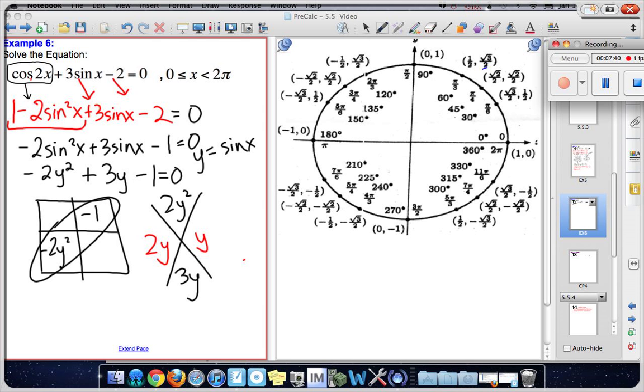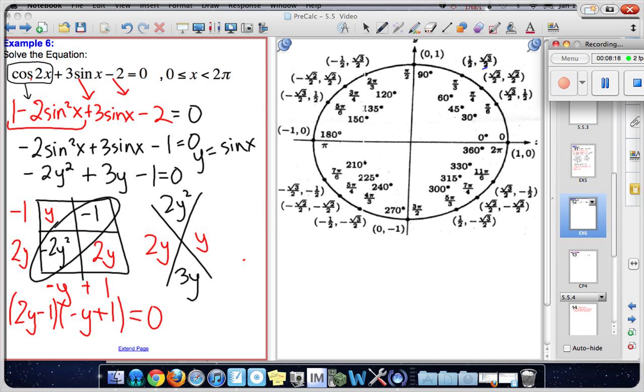That multiplies to 2y squared and adds to 3y. So in my corners I have 2y and y. It looks like everything might have to be negative, because one of these has to be negative, and then this would have to be negative 1 and positive 1. There we go. So our equation is rewritten as 2y minus 1 and negative y plus 1 equals 0.